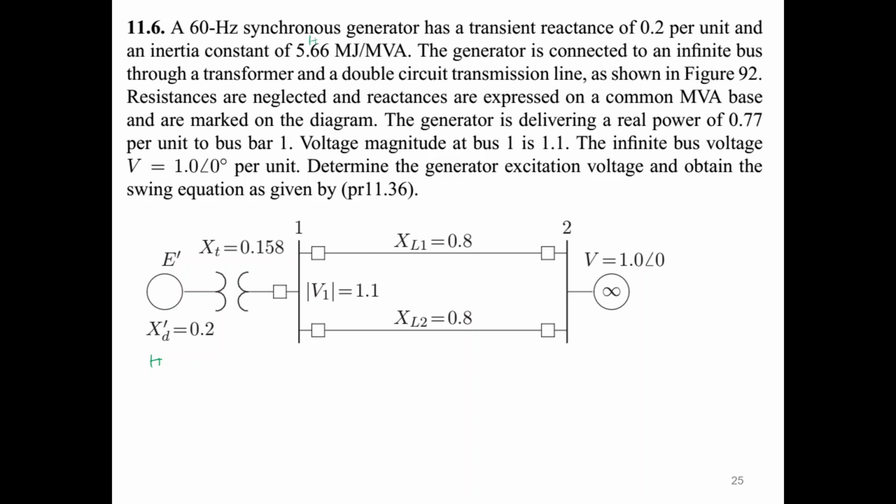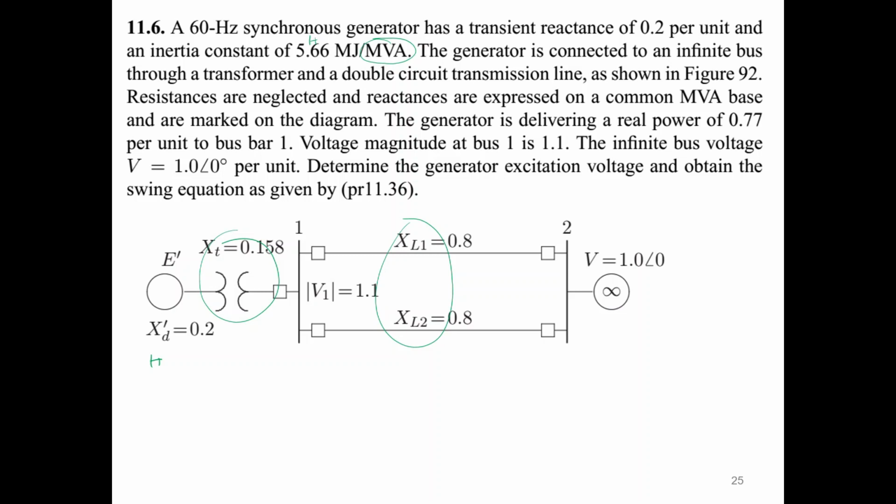You can see that this is normalized with respect to the rating because it is divided by MVA. The generator is connected to an infinite bus through a transformer and a double circuit transmission line. So there is a transformer and a double circuit line connected with the infinite bus on this side.